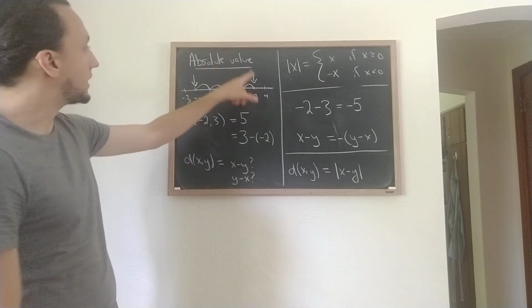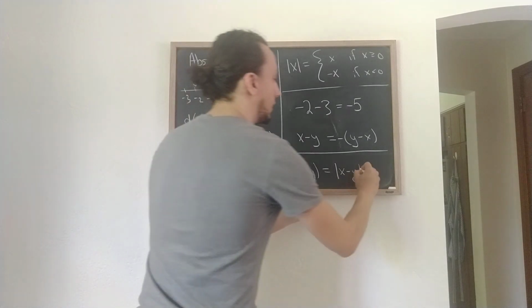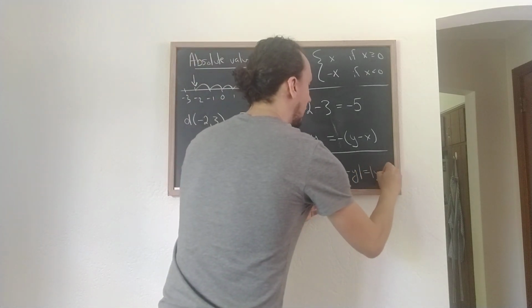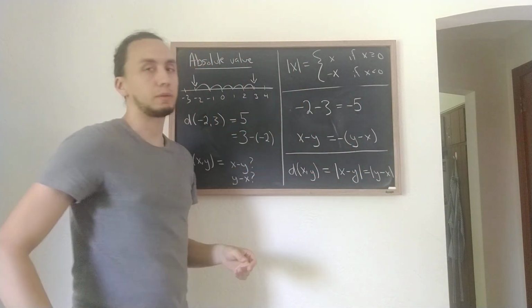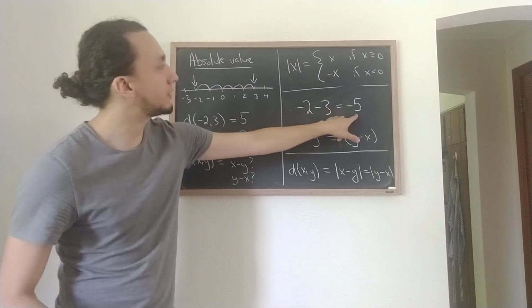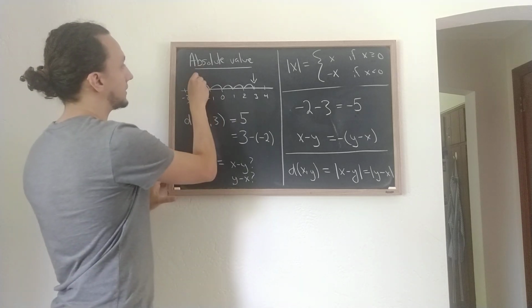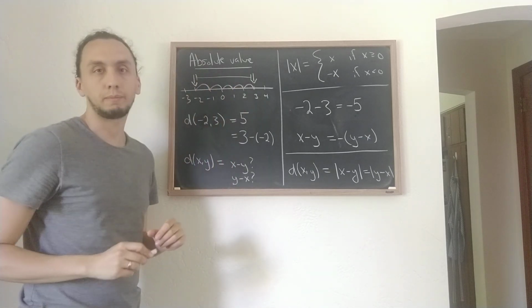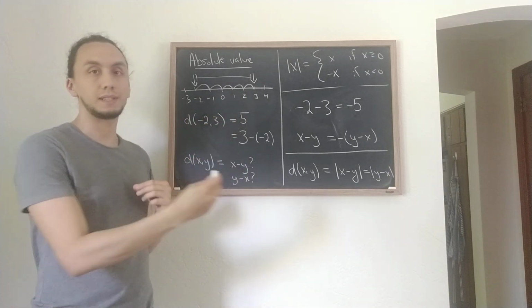So the distance between any two numbers is subtract them in whichever order. It actually doesn't matter which order, because whichever order I do it in, if I put absolute value around it, I get the positive version of that. No matter whether I got 5 or negative 5, I put absolute values around it and I get the answer, this distance here, of 5 between them. So absolute value comes up a lot in talking about the distances between things.